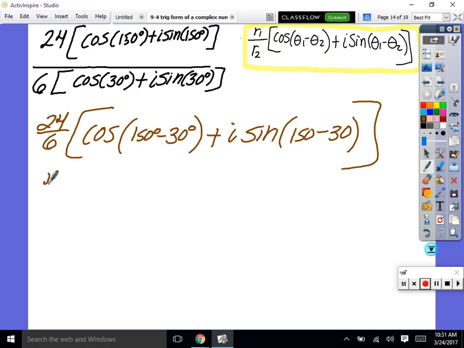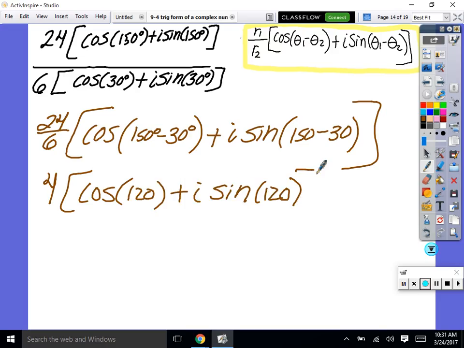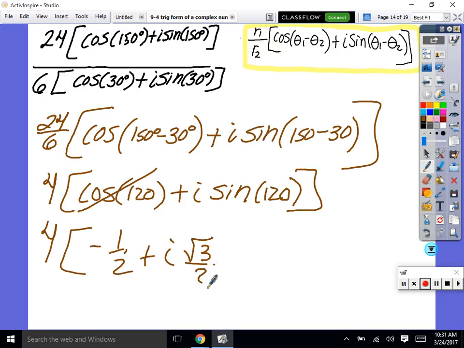Everybody see how we're doing this? 4 times cosine at 120 plus i sine at 120. And then you would just calculate it. So you'd go to 120 degrees. The cosine at 120 is -1/2. So 4 times, that becomes -1/2, plus i sine at 120 is root 3 over 2.